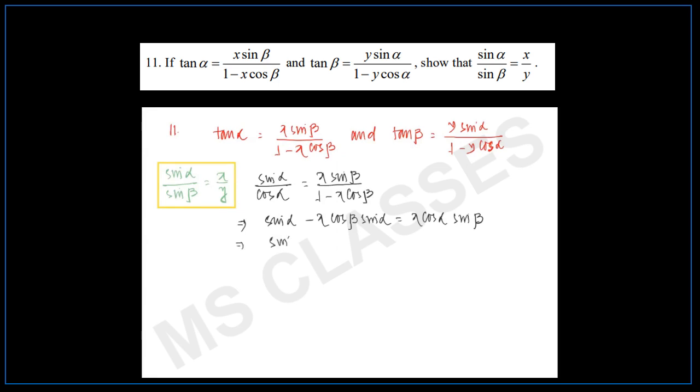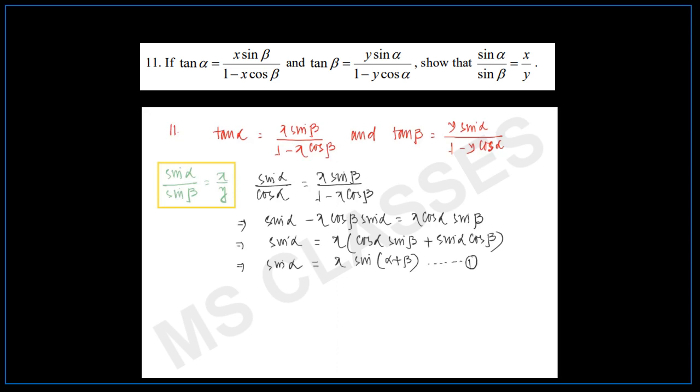So sin alpha equal to x common, cos alpha sin beta plus sin alpha cos beta. This gives us x sin(alpha plus beta), and that is the value of sin alpha. We mark this as equation 1 and leave it.